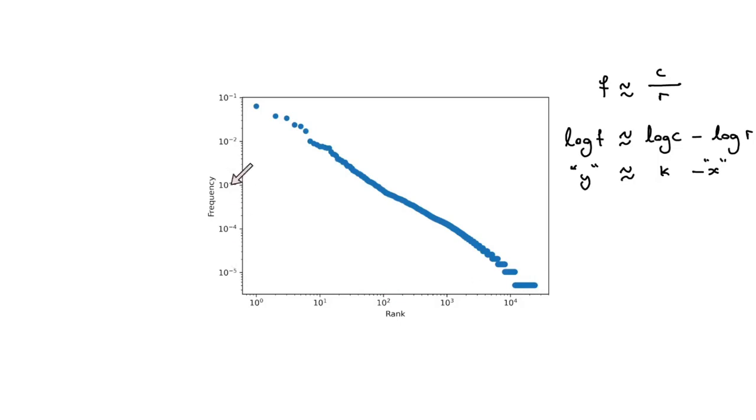So here we've got log, and here we've got log. These words all just occur once, okay, and these words all occur twice, okay, and then you've got this linear slope here, and this is the word the, this is the word of, and this is the word and.